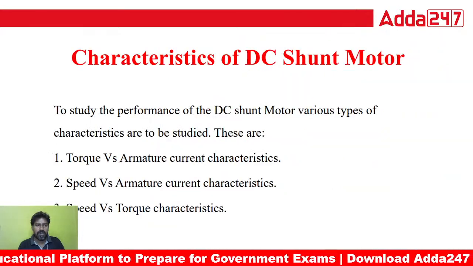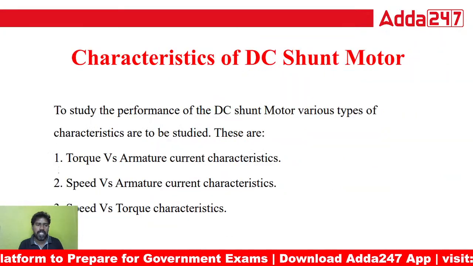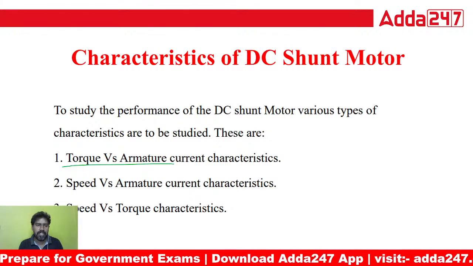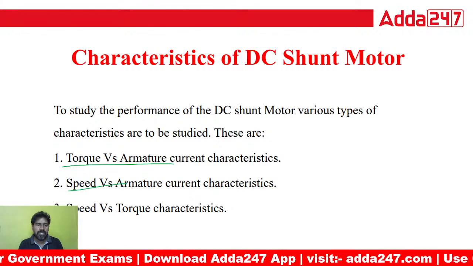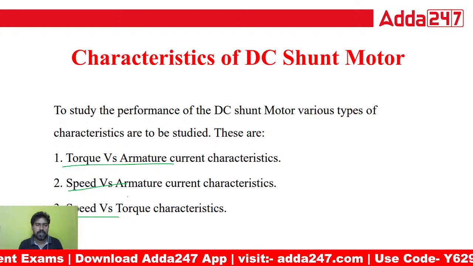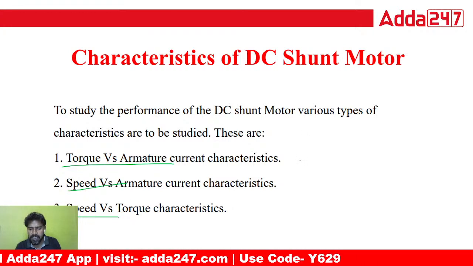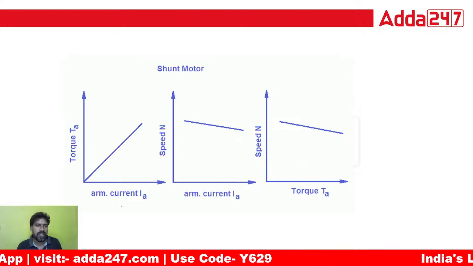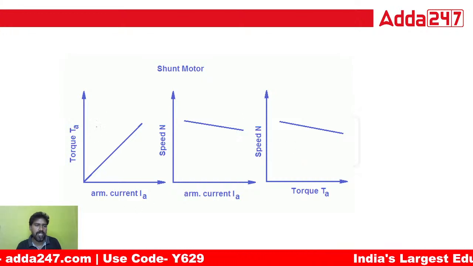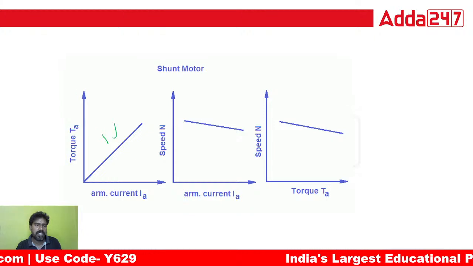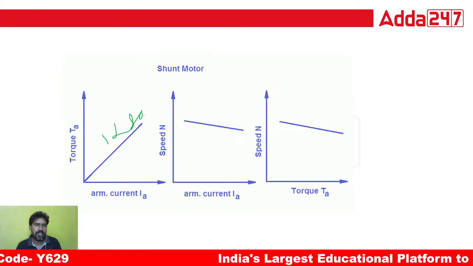So mainly we are going to draw three characteristics: torque versus armature current, speed versus torque, and speed versus armature current. Already we know the torque and armature current, which we just drew. Torque is directly proportional to armature current.